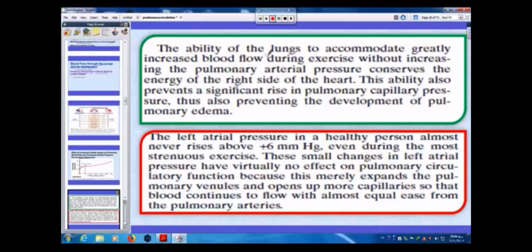The ability of the lungs to accommodate greatly increased blood flow during exercise without increasing the pulmonary arterial pressure conserves the energy of the right side of the heart. This ability also prevents a significant rise in the pulmonary capillary pressure, and thus prevents the development of pulmonary edema.